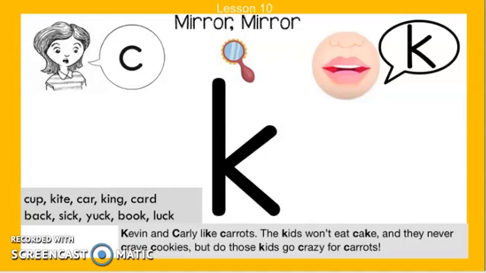But do those kids go crazy for carrots? Okay, so what I'm going to have you do here is pause and go over these sentences with your child, and I want them to be able to tell you which words start with the K sound. So pause and resume when you're ready.